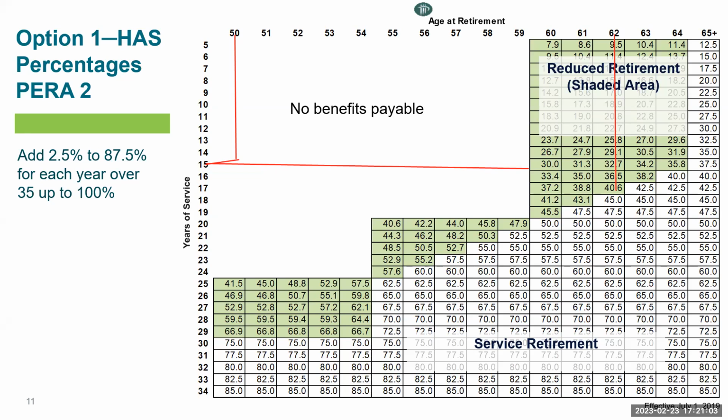So if you work for Amazon or Google, or maybe you want to deliver or drive Lyft or work for any private sector employer, you don't have any rules. You can collect your benefit and work as much as you want. Okay, but if you work for a PERA covered employer, that's where the rules come into play.